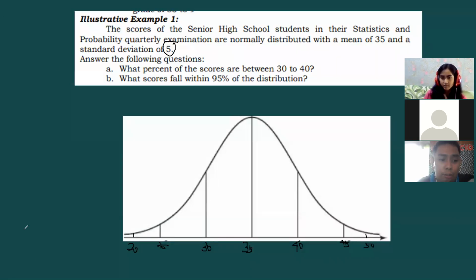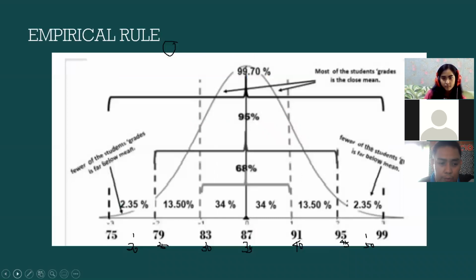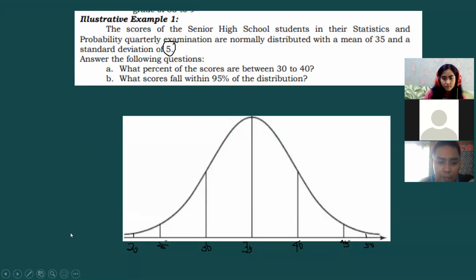So, ang area nito, balikan lang natin, ay 34, 13.5, 2.35. So, this is 34. This is 34. This is 13.5.